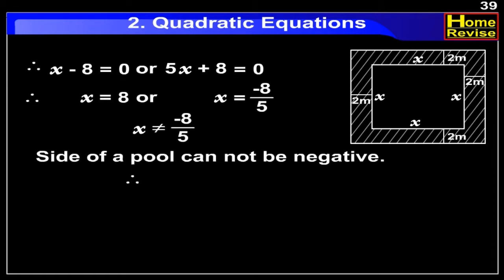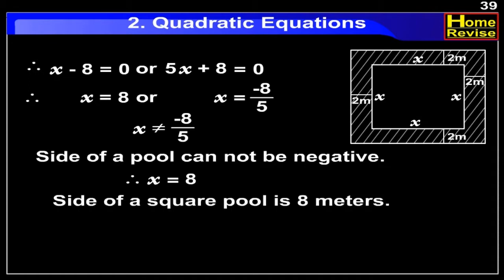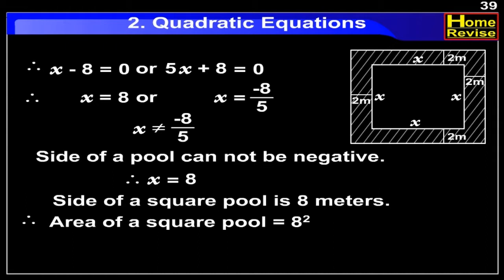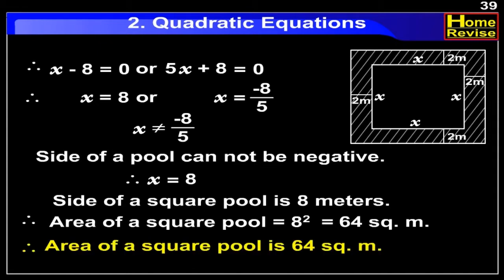Therefore, we have x is equal to 8. That is, side of a square pool is 8 meters. Therefore, area of square pool is equal to 8 square, which is equal to 64 square meters.